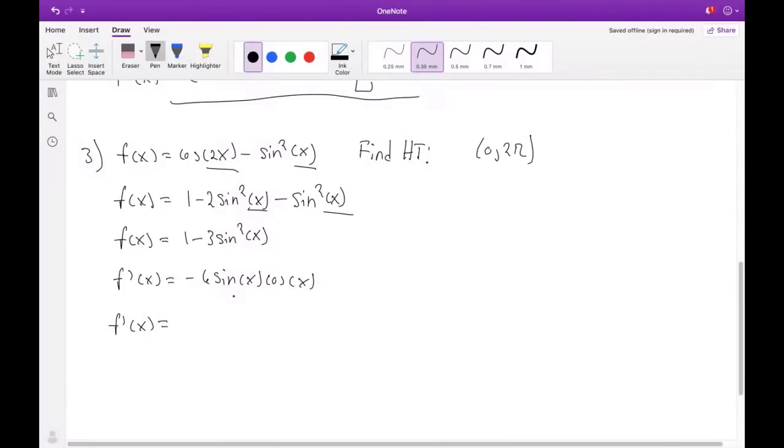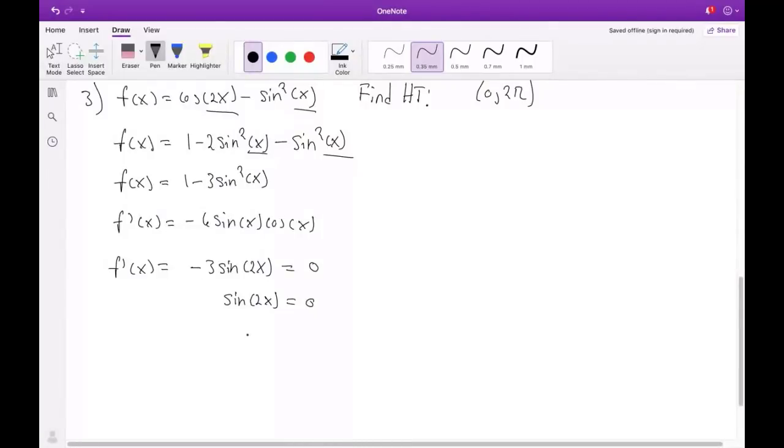We know that 2 sine x cosine x is just sine of 2x. So since there's a 6 out front, this would be negative 3 sine of 2x. And we can set that equal to 0. So then that's essentially us just saying sine of 2x is equal to 0.